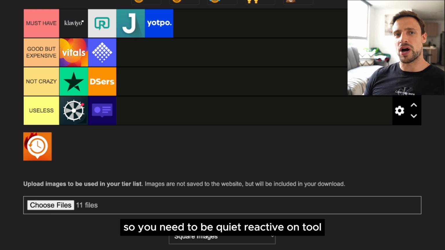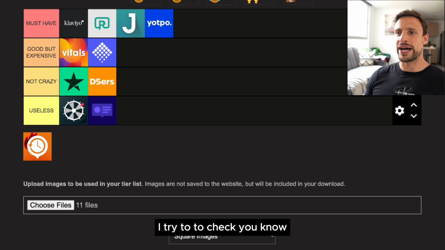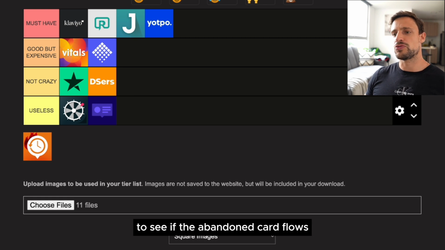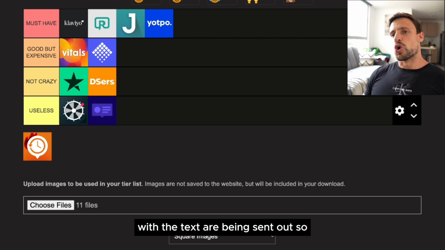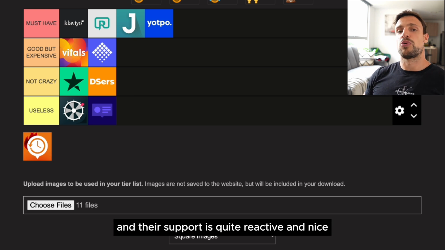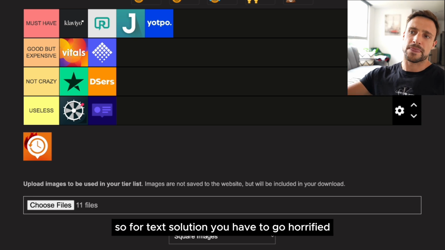So you need to be quite reactive on the tool. I try to check the stats every day or every couple of days to see if the campaigns are being sent out, to see if the abandoned cart flows with the text are being sent out. So don't sleep on it, and their support is quite reactive and nice. So for a text solution, Yotpo is the go.